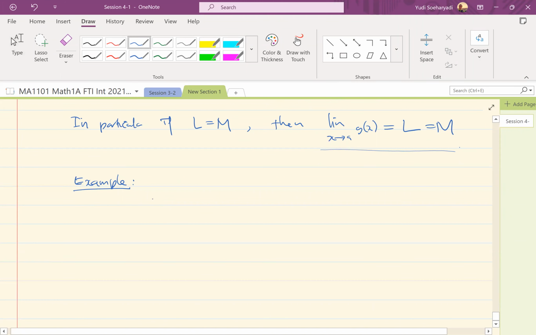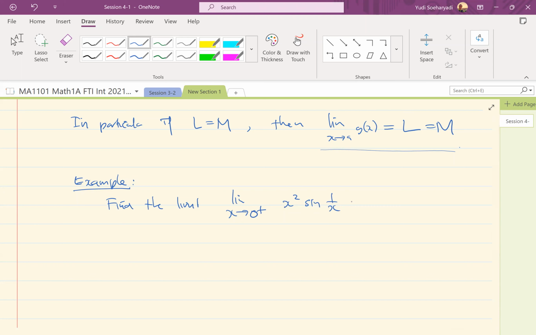Let's say, find the limit as x goes to 0 just from the right of x squared sine of 1 over x.